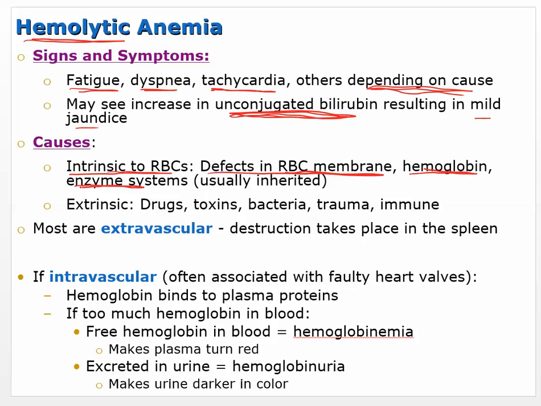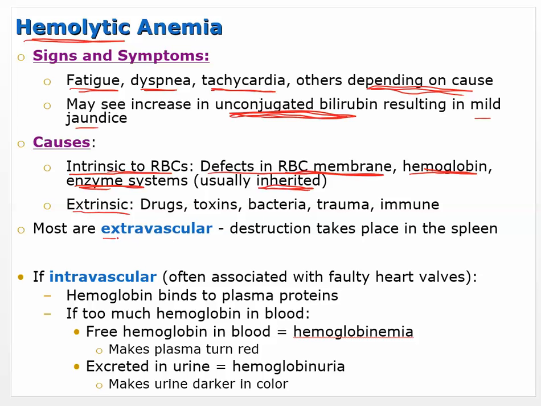Now, usually these kinds of problems are inherited. Okay? So usually that's some kind of a gene mutation that has made one of these things, either the membrane, the hemoglobin, or some of the enzyme systems within it, not function the way it should. And then there can be extrinsic causes: drugs, toxins, bacteria, trauma, immune causes. Malaria can cause anemia as well.